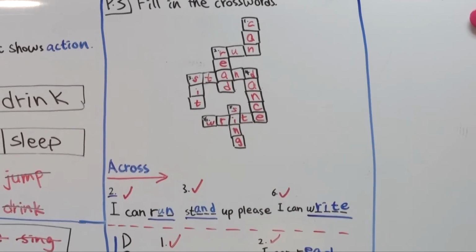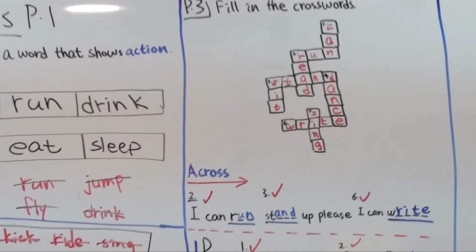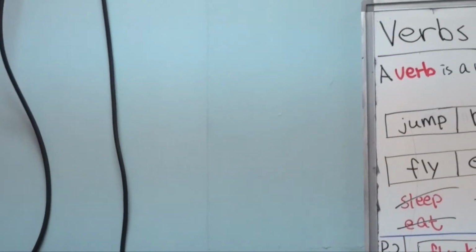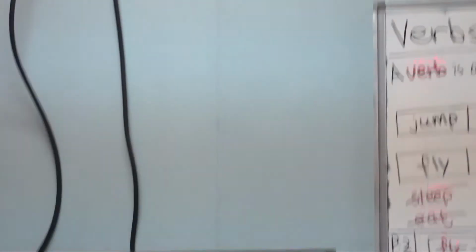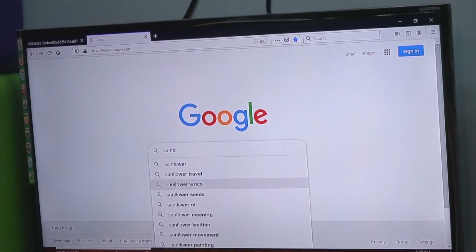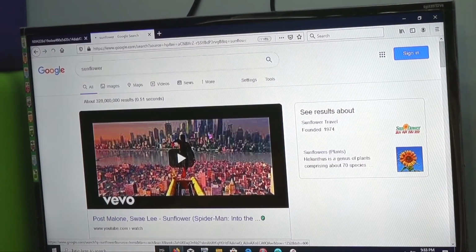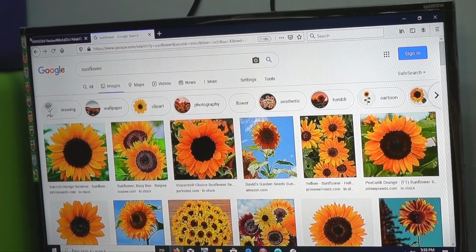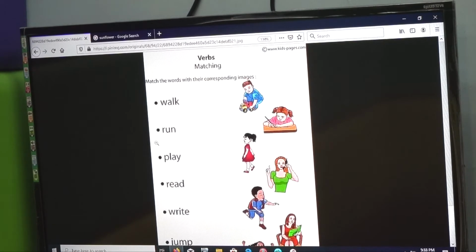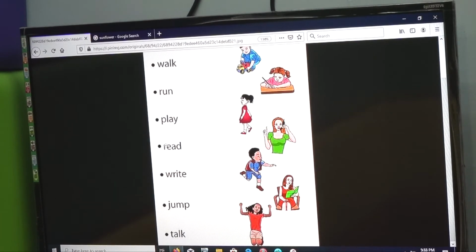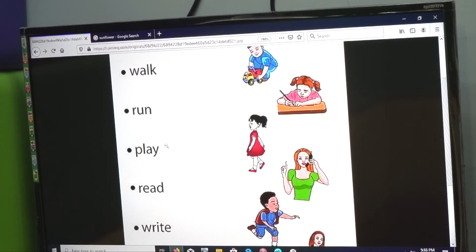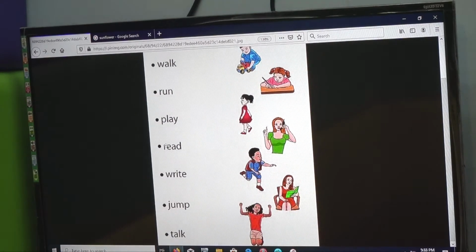Before we move on to the next part, let's do some exercise that is related to action verbs, alright? Okay, so here is a picture. Here are some pictures.